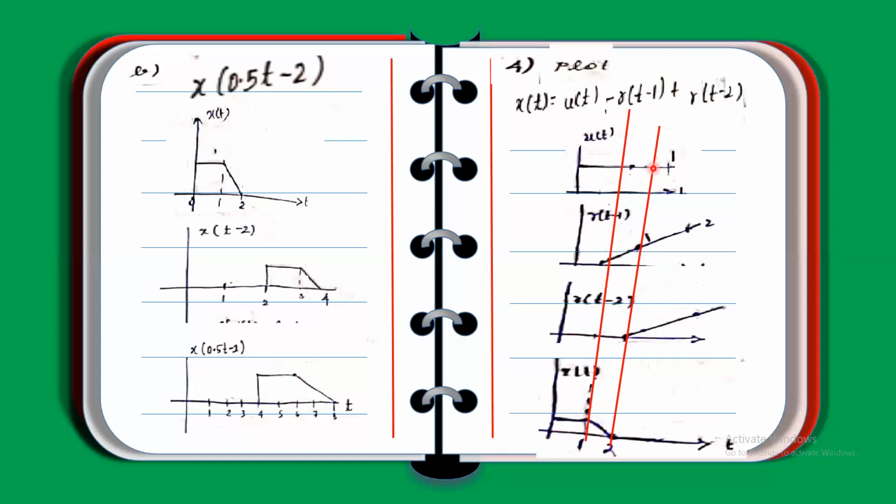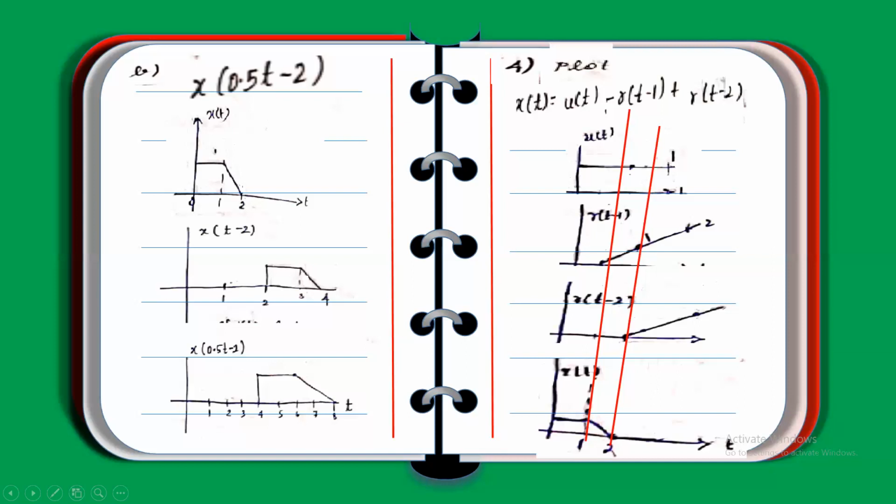At t equal to 2, u of t is 1, r of t minus 1 has picked up an amplitude of 1. So 1 minus 1, it becomes 0. In between this 1 and 0, the variation is linear, just as in the case of r of t minus 1. So we get the part of the signal x of t between t equal to 1 to 2.